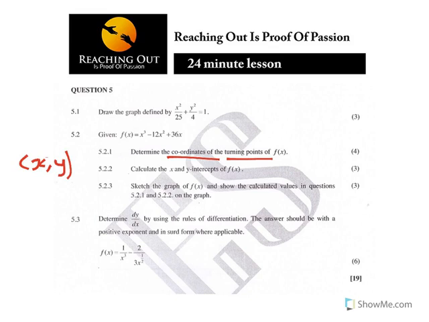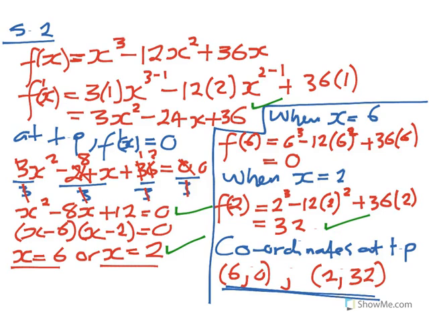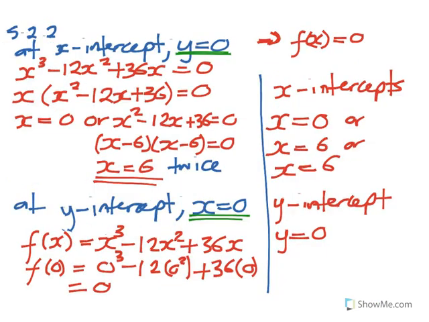The next question now, 5.2.3, says sketch the graph of f of x and show the calculated values in questions 5.2.1 and 5.2.2 on the graph. Now, if we look at that, they want us to sketch the graph and show these values that we're getting: 6, 0, and 2, 32, as well as x is equal to 6, x is equal to 0, as well as y is equal to 0.